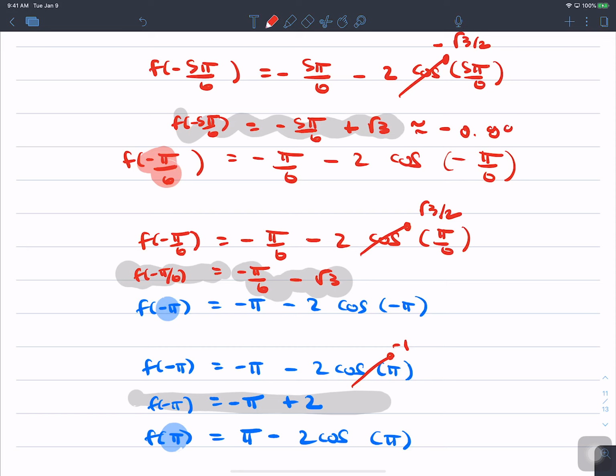Negative 0.886. And then now I take negative pi divided by 6, and then I'm going to subtract the square root of 3 again. I get negative, ladies and gentlemen, 2.256.